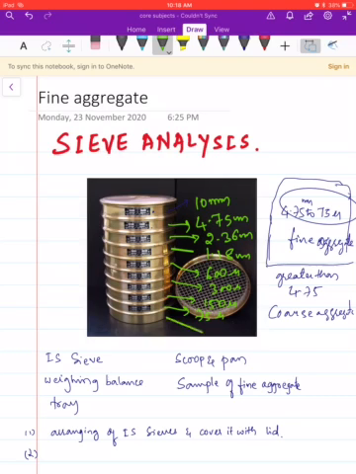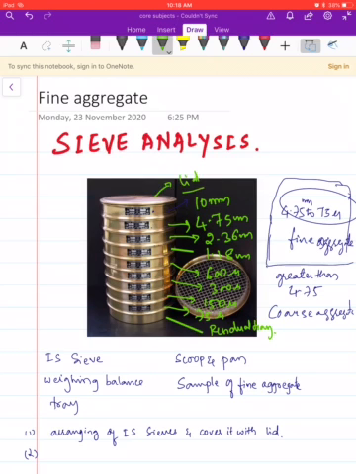Then at the end we require a residual tray at the bottom. The setup also has to be closed with a lid so that the soil sample does not ooze out of it.